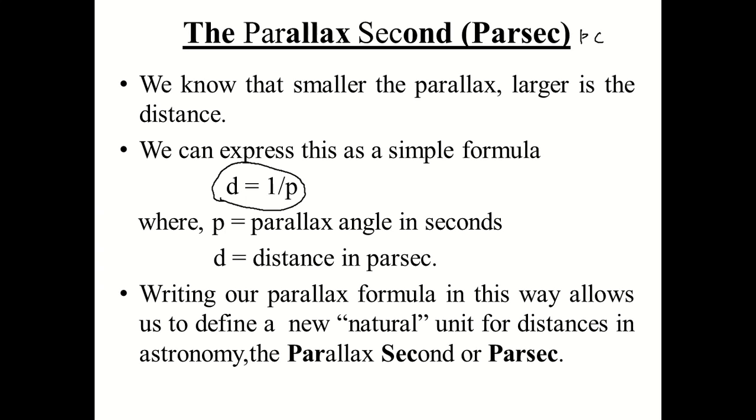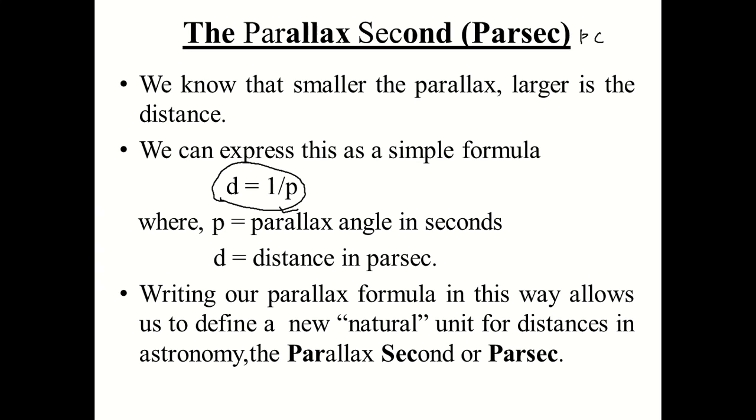Writing our parallax formula in this way allows us to define a new natural unit for distance in astronomy, the parallax second or parsec. So, parallax second or parsec is the natural unit of distance in astronomy.